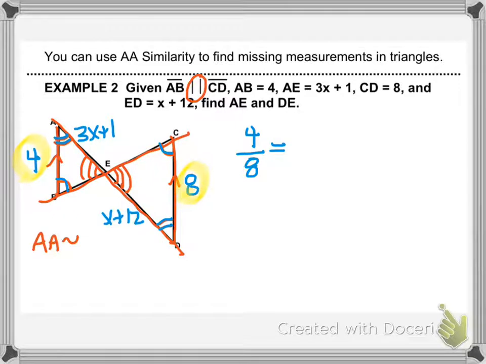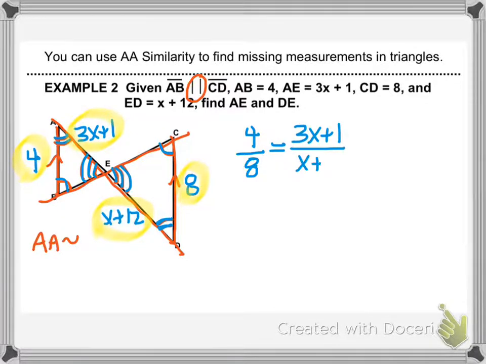The 3x plus 1 connects the 2 arc angle to the 3 arc angle, and the x plus 12 also connects the 2 arc angle to the 3 arc angle in my other triangle. So that means those two parts correspond. I need to make sure to set up my ratio on the right side of my proportion in the same way I set up the left side. So I'm going to put the 3x plus 1 over the x plus 12.